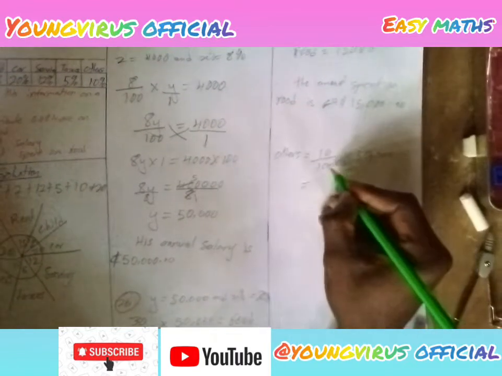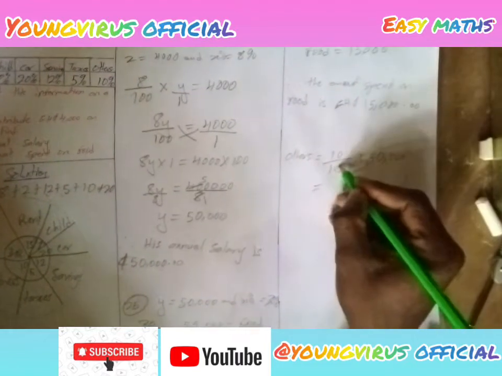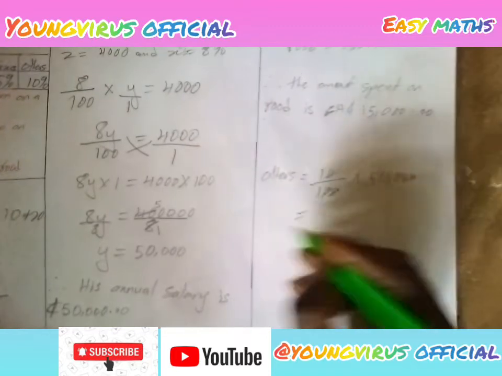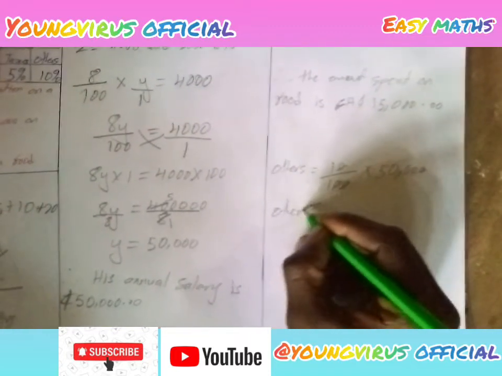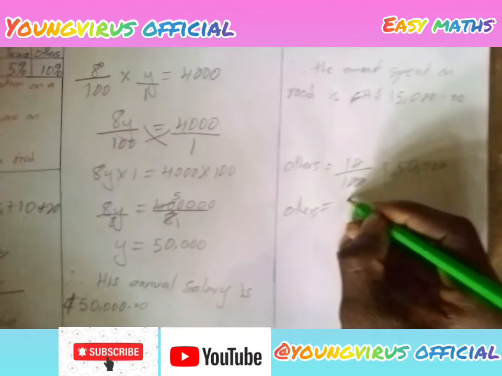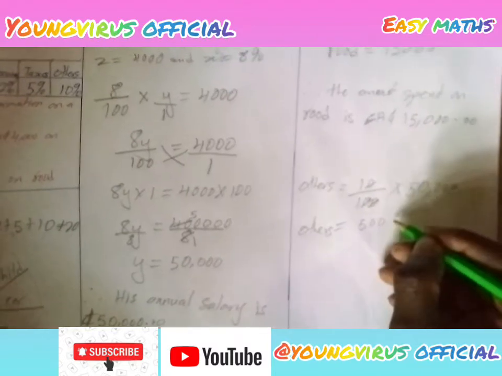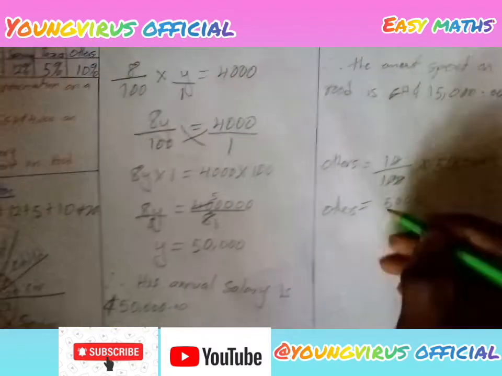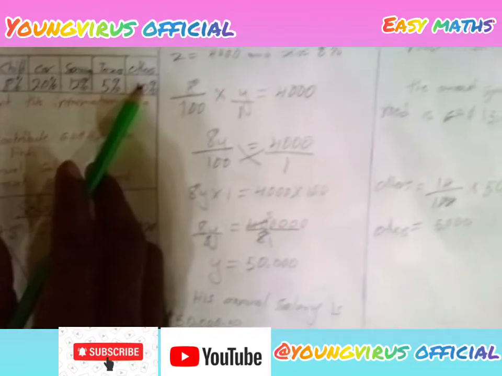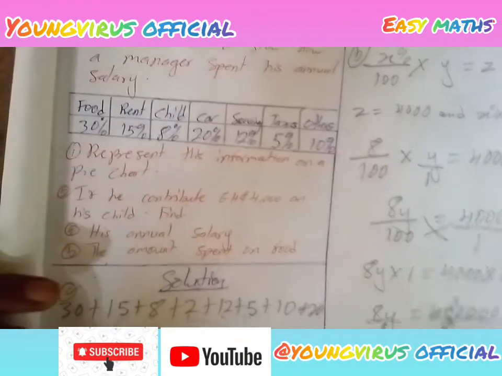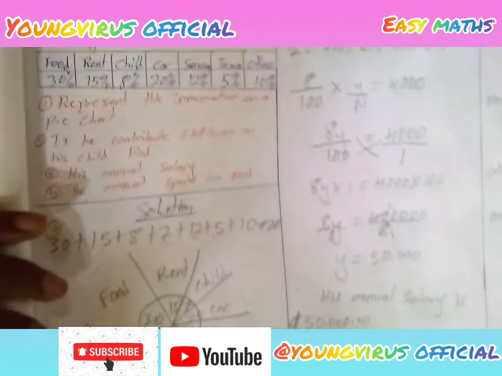So this 0 is going with this 0. This 0 also is going with this 0. So others will now leave us with 5,000. That means the amount he spent on others, that's 10% of his 50,000, is 5,000. And that is correct.